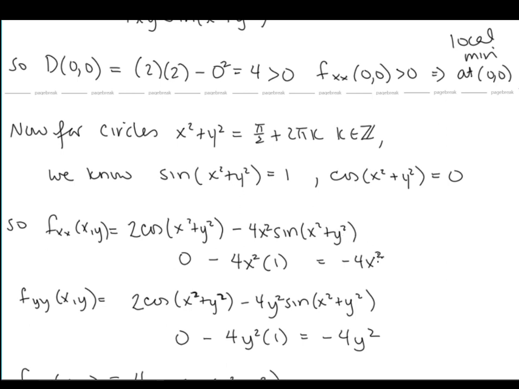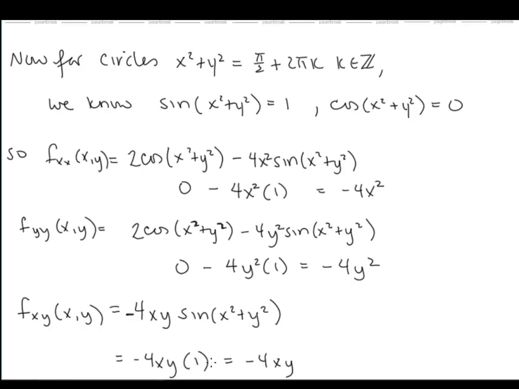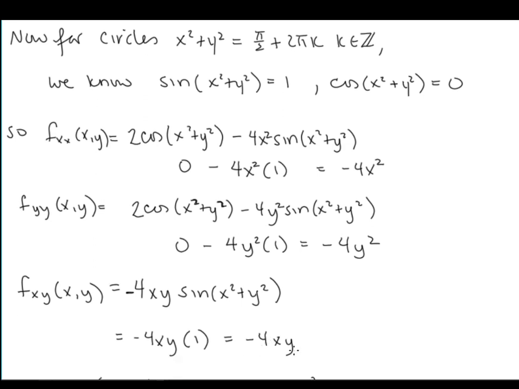So for whatever the x value is along the circle, the second x partial reduces to negative 4x squared. And similarly, the second y partial reduces to negative 4y squared. And the mixed partial is negative 4xy, again, because we have sine equaling 1 at these points.